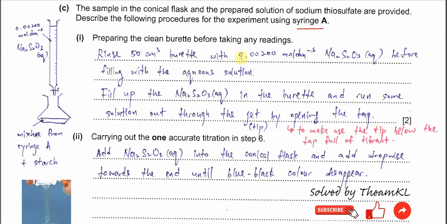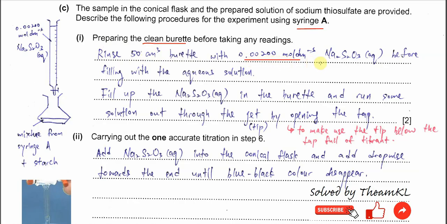First, in order to prepare the clean burette, it needs to be rinsed. Of course, you can start with distilled water. In fact, many candidates also put distilled water first, but it must be followed by the solution itself. Rinse the 50 cm3 burette with the solution.